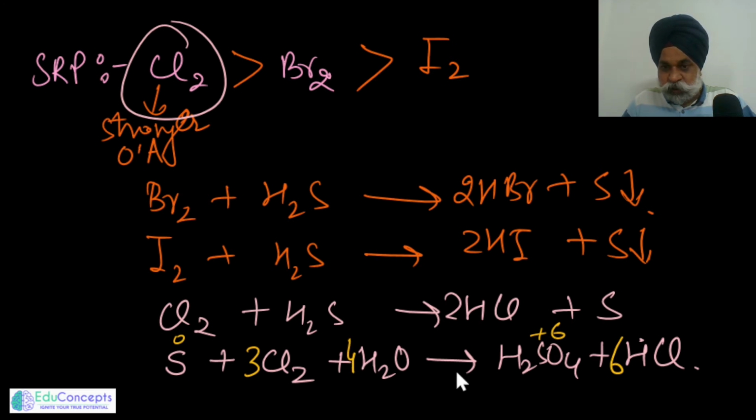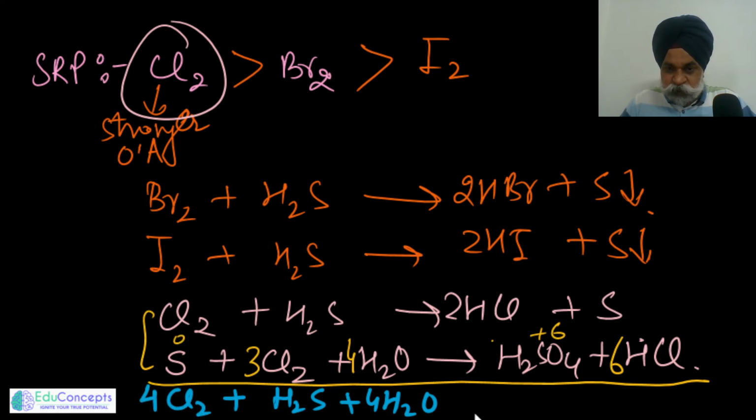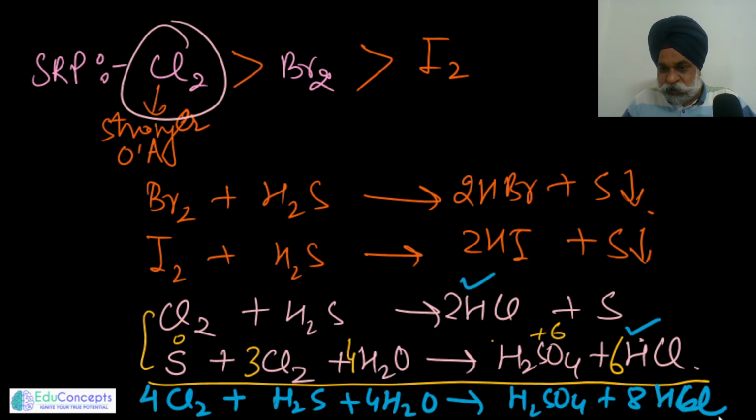There are 4, so I think it got balanced. And if I add them together, what shall be the answer? Chlorine treated with H2S along with 4 moles of water, and the moles of chlorine required are 4, and this gives me sulfuric acid along with 8 HCl, because 6 HCl are formed here and 2 HCl are formed here, so 8 HCl are being formed.